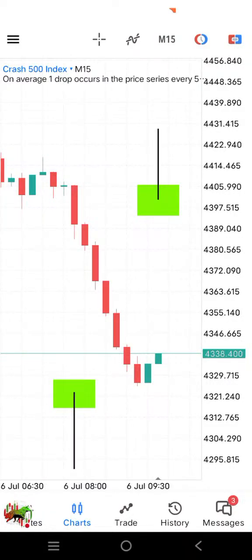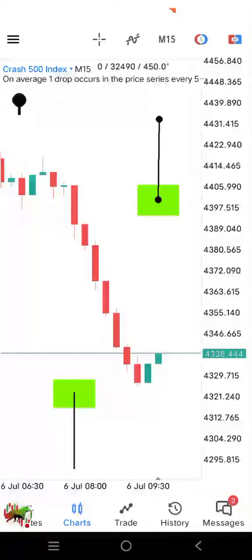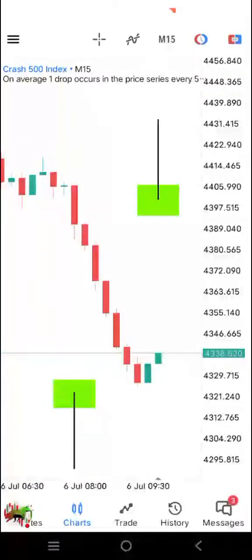The first construction in a hammer: it will have a long leg and a very low spread. The body will have a very low spread and a wide move. It means this is a hammer, a long movement with a very low spread.